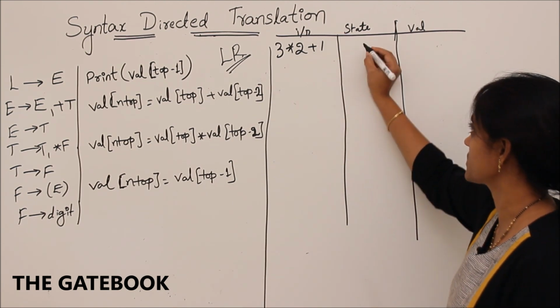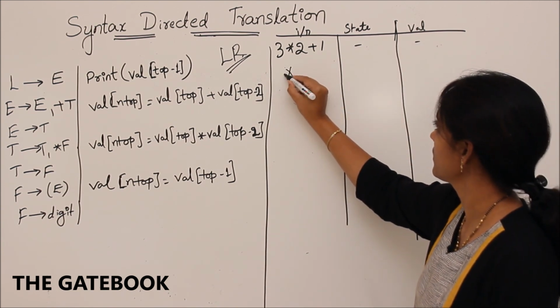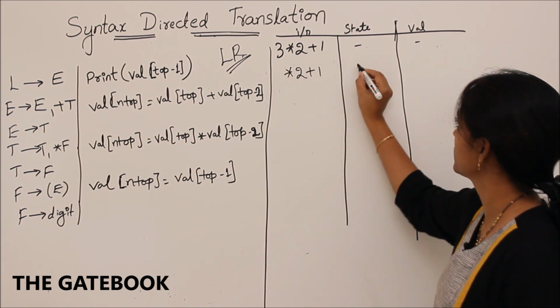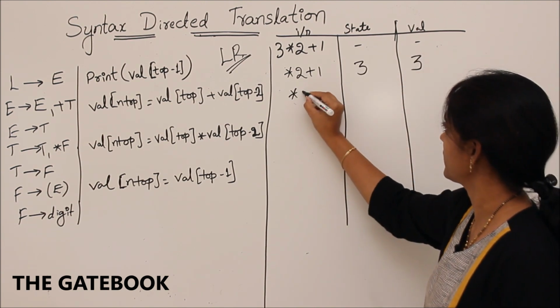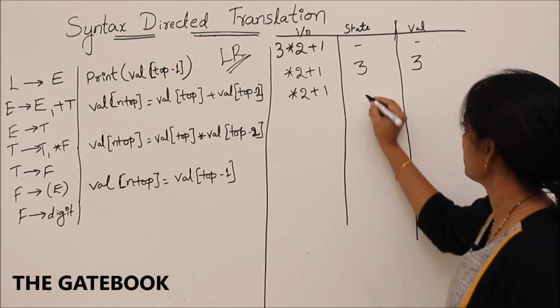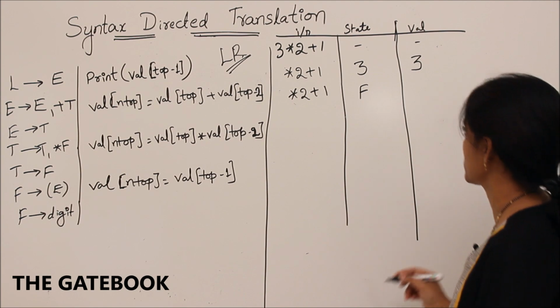So this is the input string and initially there is nothing, and then we move 3, the value stack will also have 3, and then we replace 3 with F by using that F derives digit production.